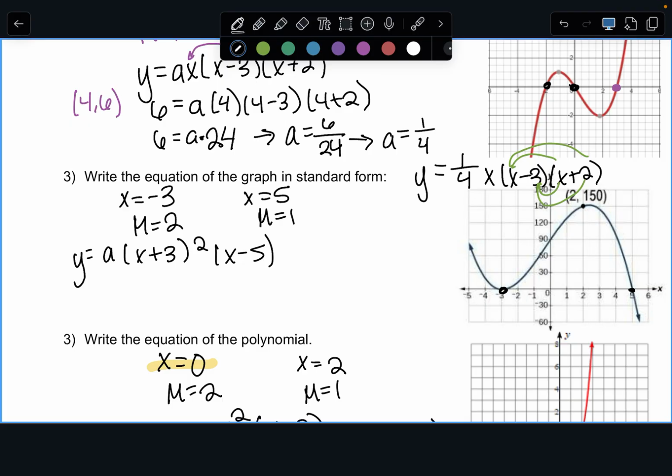Pick a point. If this point did not jump out at me, I would probably pick 0, 90 because it'd be nice and easy. But let's pick 2, 150. So 150 is y. X is 2. So 2 plus 3 squared, and 2 minus 5.